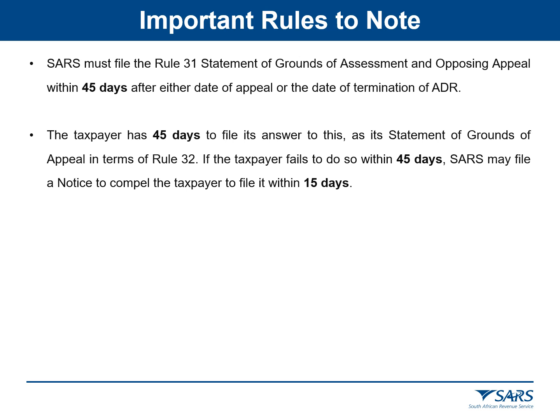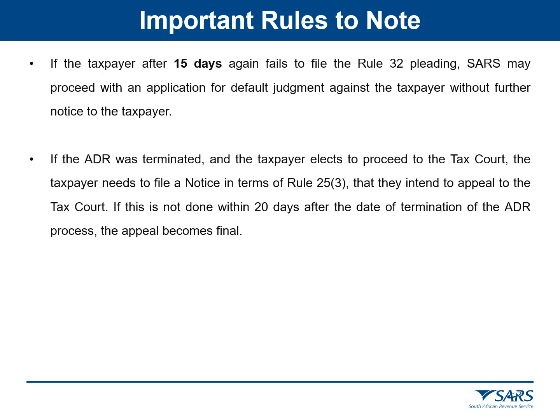If the taxpayer fails to do so within 45 days, SARS may file a notice to compel the taxpayer to file within 15 days. If the taxpayer after 15 days again fails to file the Rule 32 pleading, SARS may proceed with an application for default judgment against the taxpayer without further notice to the taxpayer.